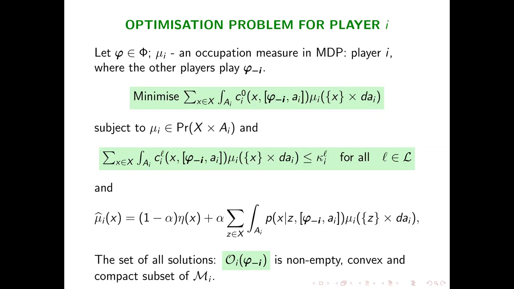And we know from the papers that the set of mu I satisfying this problem is a non-empty, convex, and compact subset of calligraphic Mi. I denote this set of solutions by calligraphic OI of phi minus I.